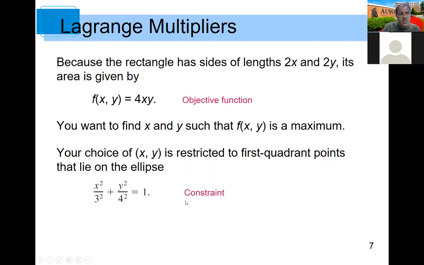So this curve is a constraint curve. And another constraint, of course, is that we just want x and y to be in the first quadrant. Because it doesn't matter, right? The others are just for the purpose of finding the area. That one point in the first quadrant is enough in this case.